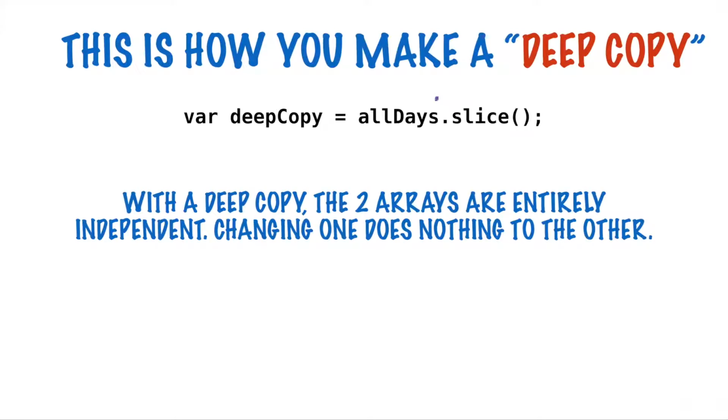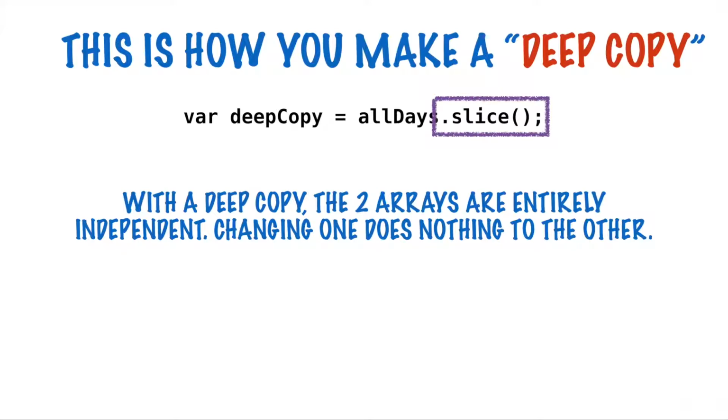When you have a deep copy, the two arrays, the original all days array and the deep copy array, are entirely independent. So if you make a change to the deep copy, it won't affect the original. And if you make a change to the original all days array, it will not affect the deep copy. The two arrays are entirely independent. They are true copies of each other.